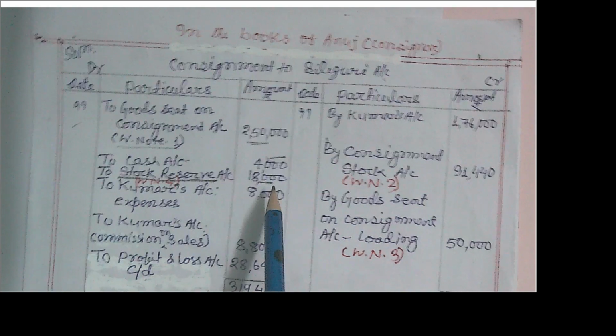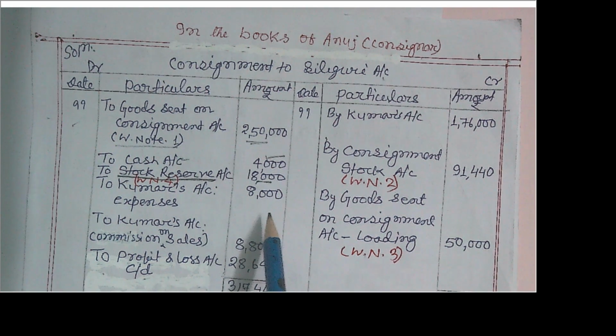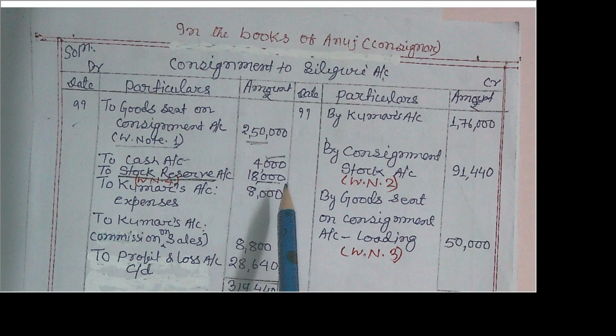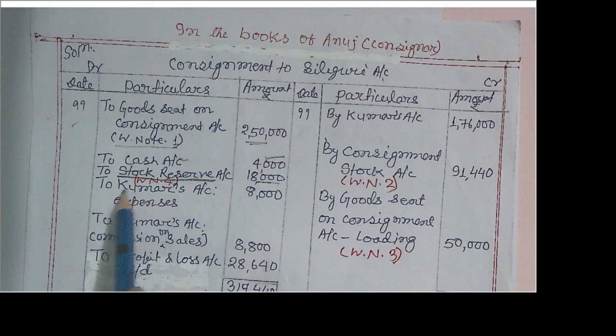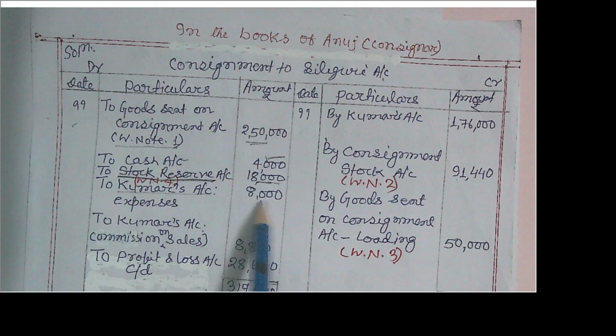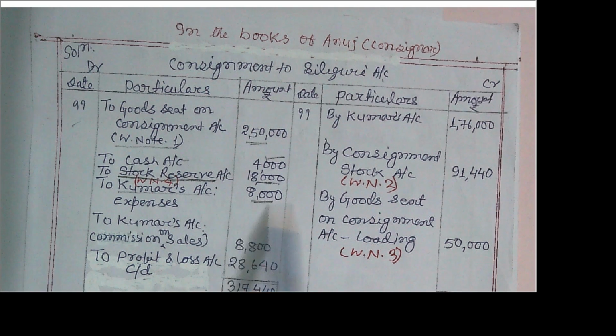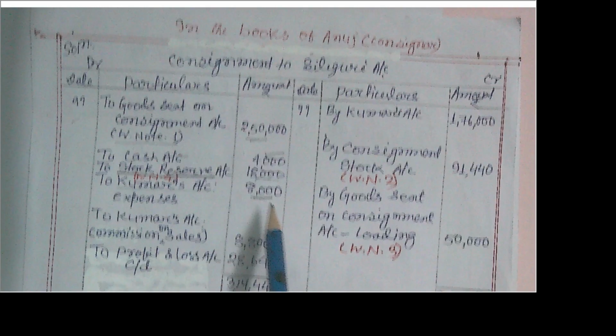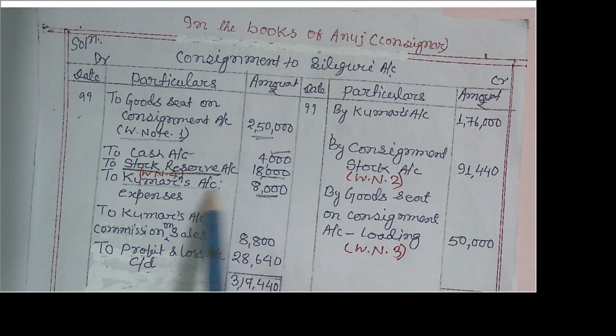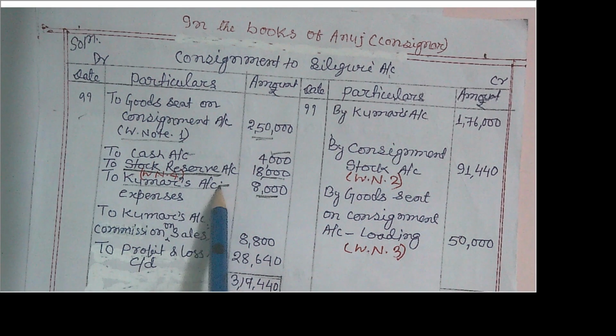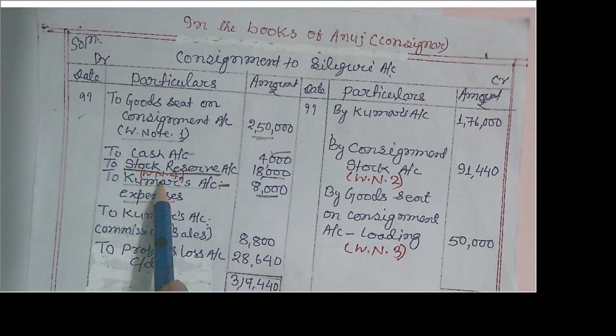After this you will get the working notes serially, one by one. 18,000. Thereafter, Kumar's expenses. Kumar has paid warehousing expenses and selling expenses, so this is 8,000. Kumar's expenses, consignment expenses.